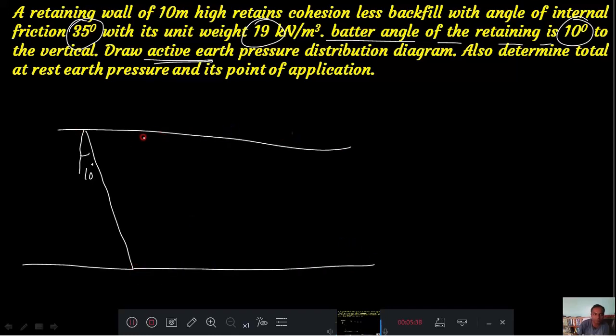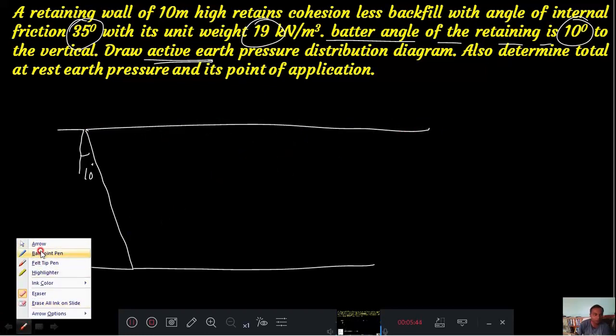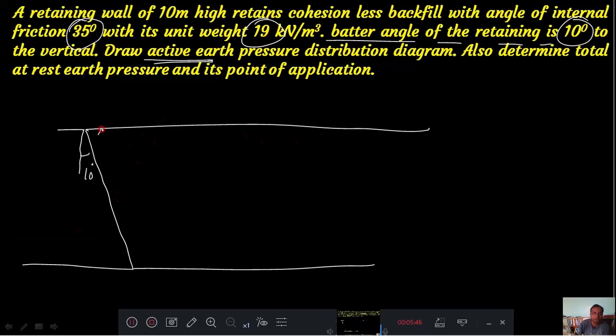This is your backfill. Now we'll draw one vertical line here, and we'll consider C, A, B as your retaining wall. Then we'll consider A point here and B point here. This will be my reference line.